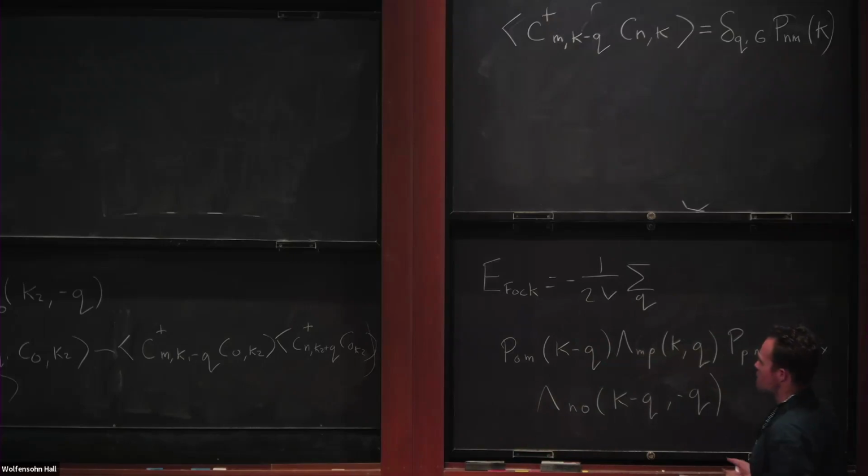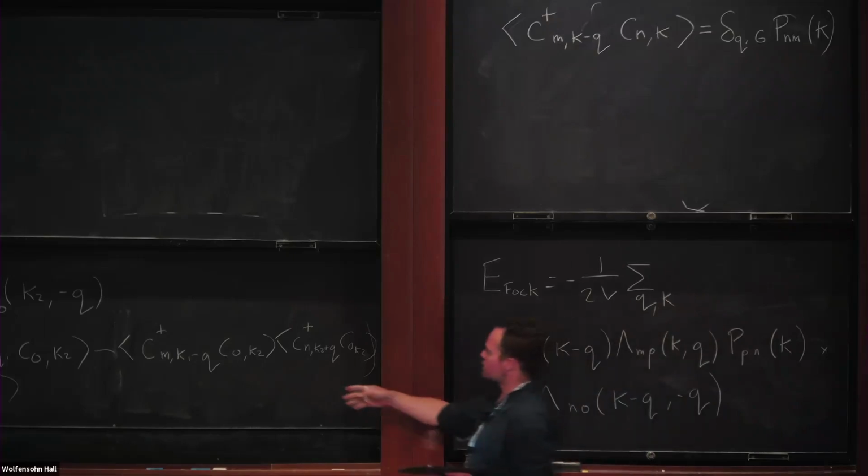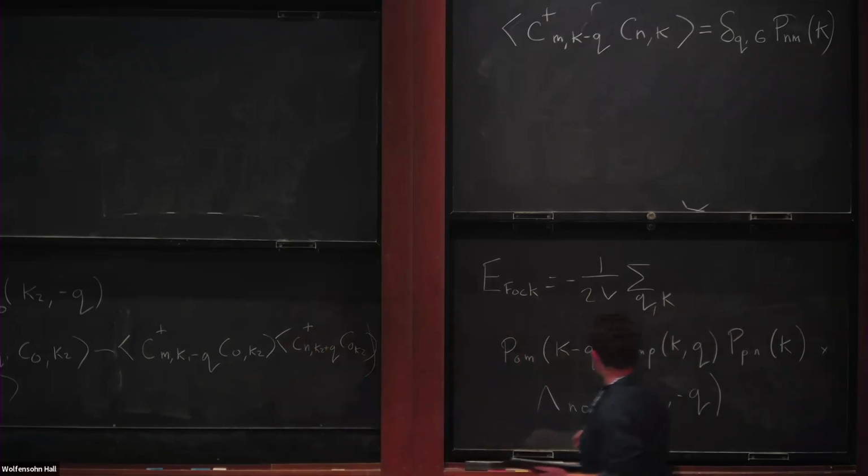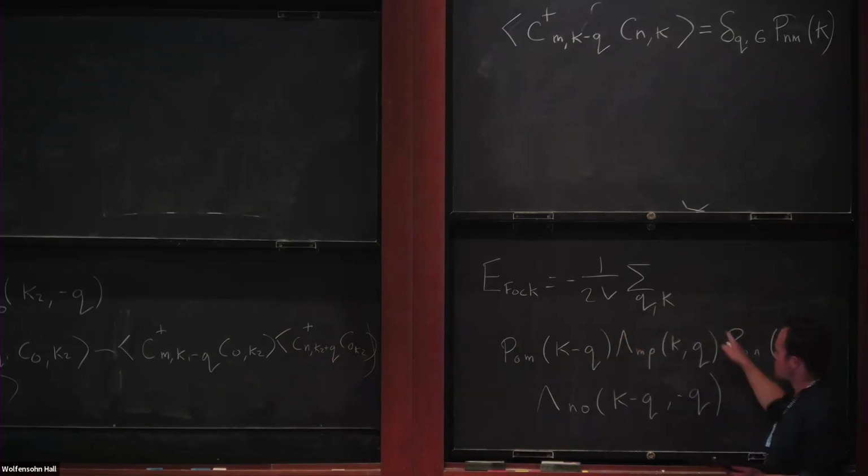Okay, so all I've done here is I've substituted in that K2 is equal to K1 minus Q, and then replaced K1, just called it K. So the claim is that's this expression here. You'll see the indices work out. And then you sum over all the bands. So you'll notice that it kind of works in a nice way. If I just think of these as matrices, it's a trace of P lambda, and then it's just like a trace over the product of those four matrices.